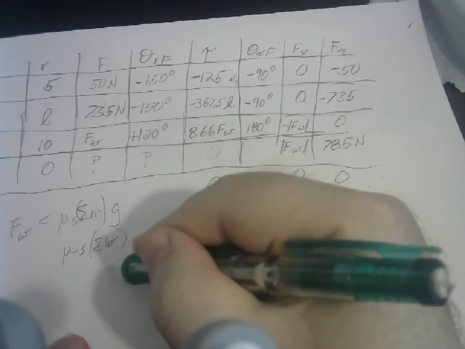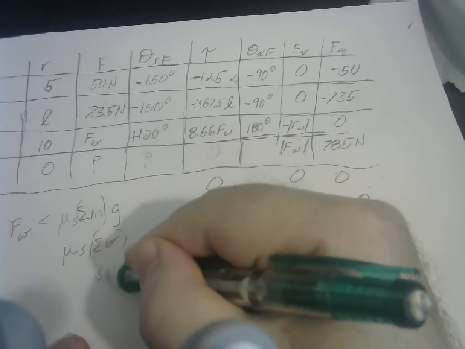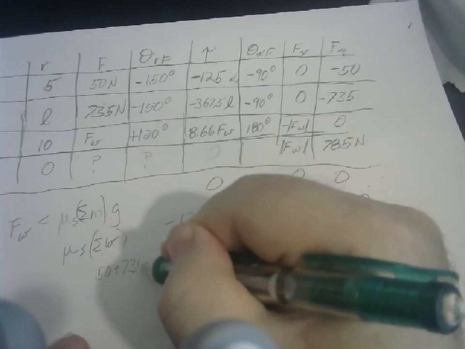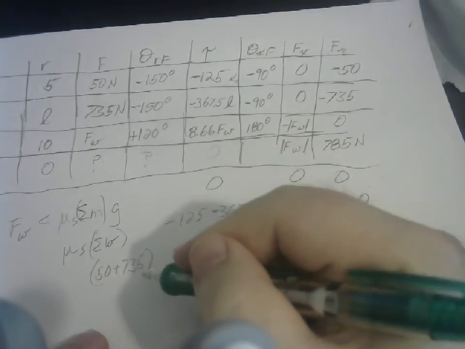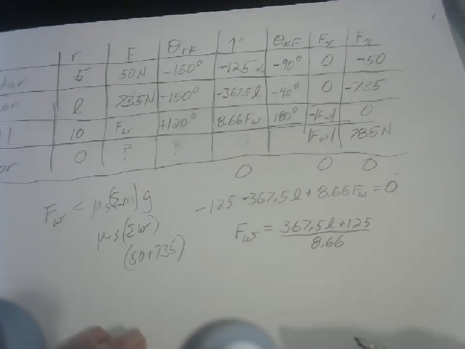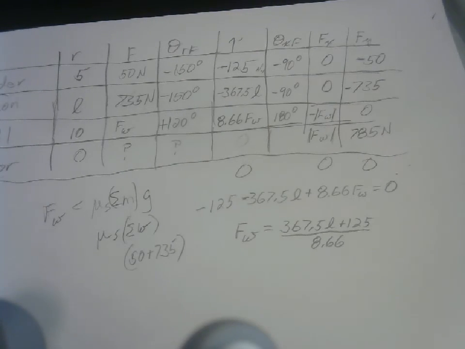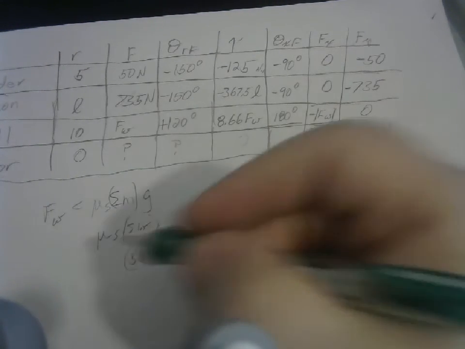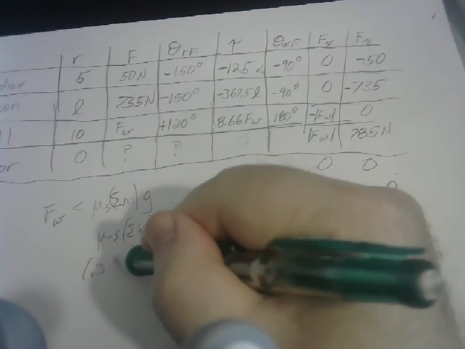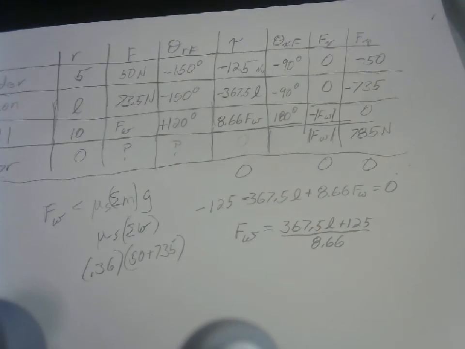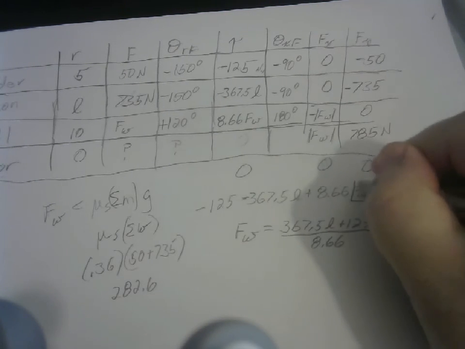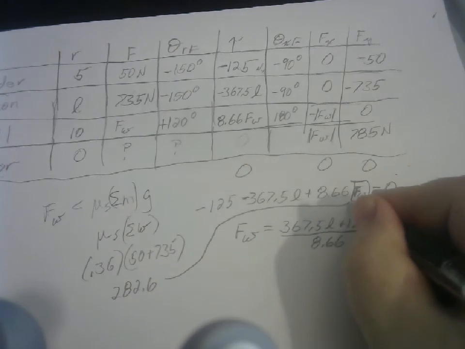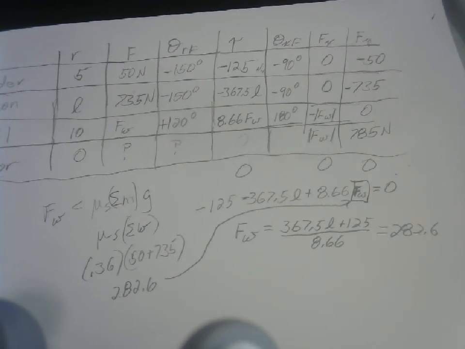We'll have 50 plus 735, and our mu sub s was given as 0.36. So this is the maximum force of the wall. So I can essentially take that force of the wall, plug it in right there, and solve for L.